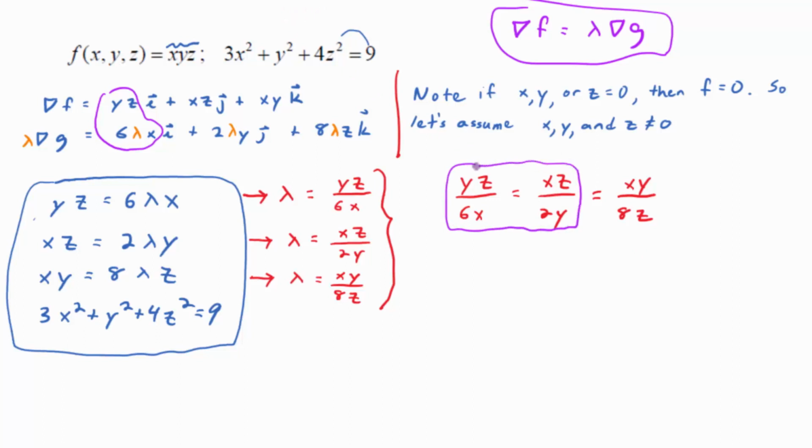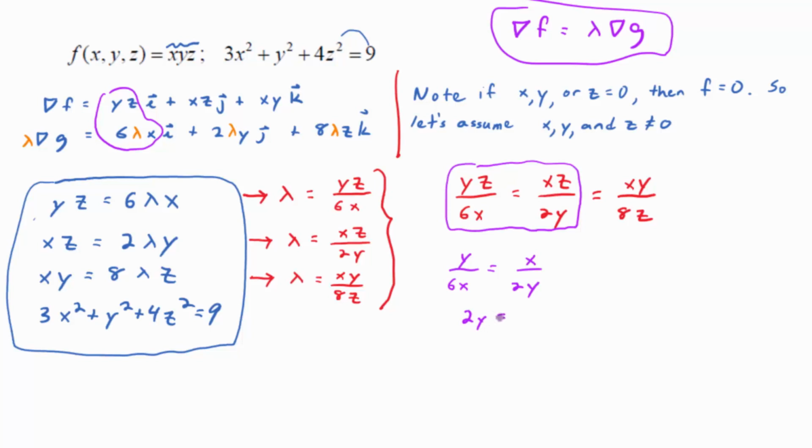If we set these two equal, the z's will go away, right? Let's start with that. So y over 6x is equal to x over 2y. Does everybody see what I did there? And then we could manipulate that further. We could cross multiply, couldn't we? And then what would that get us?